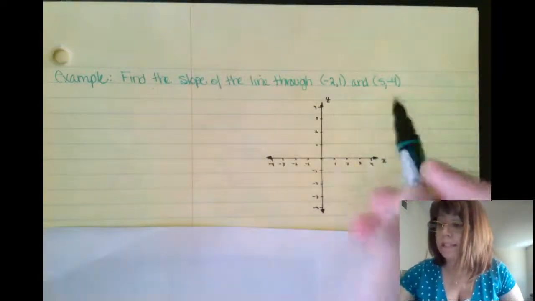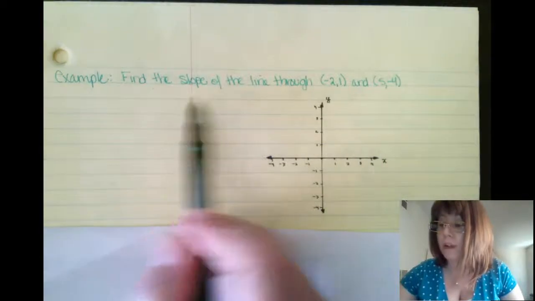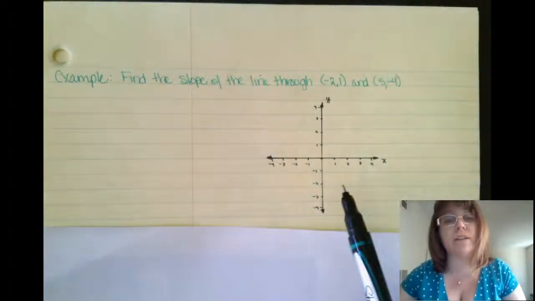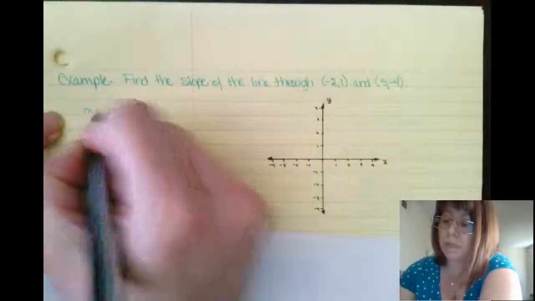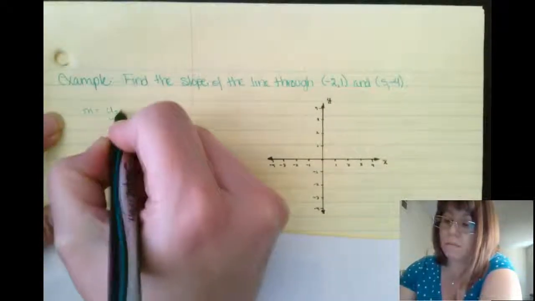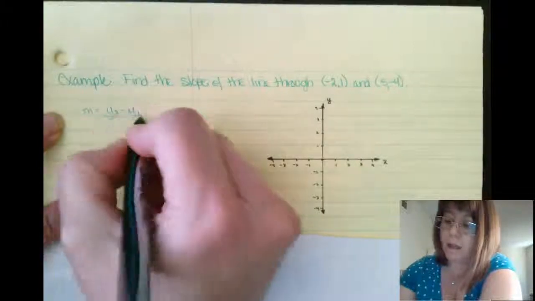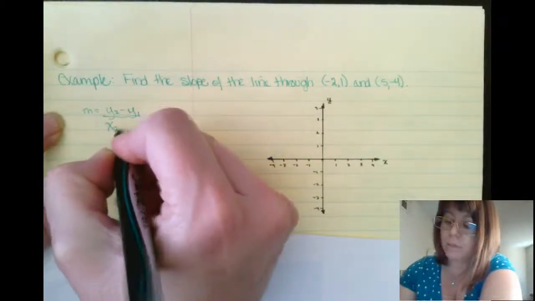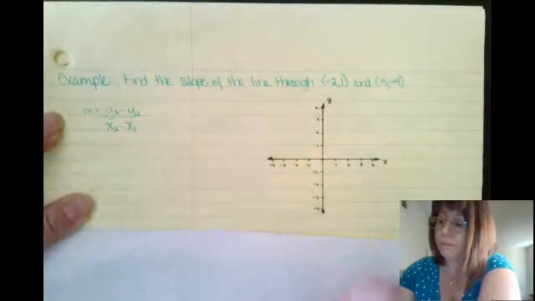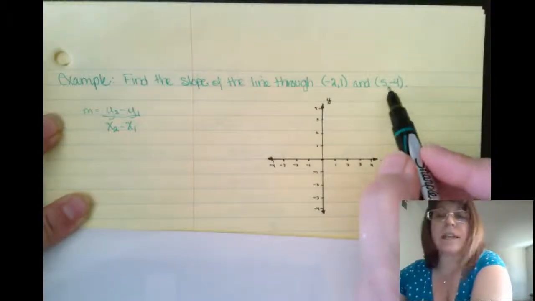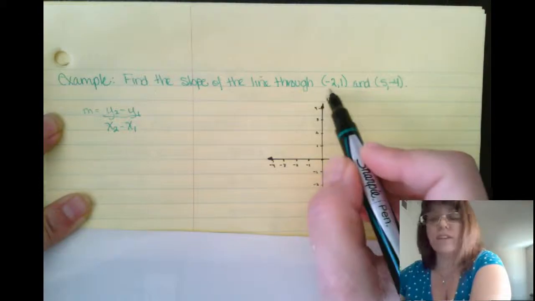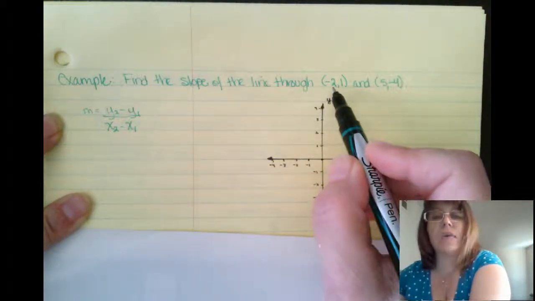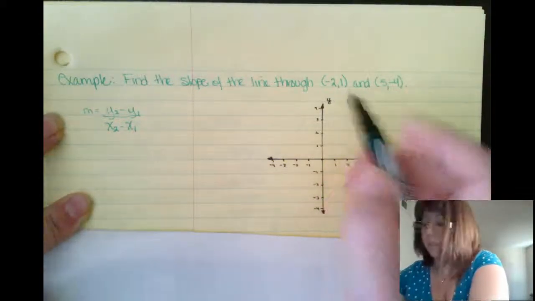Okay, let's try an example. Given 2 points, I need to find the slope of the line, and then I want to plot it. So again, my slope is going to be m equals y2 minus y1 all over x2 minus x1. I'm going to treat the second point as my x2, y2, and the first point as x1, y1.